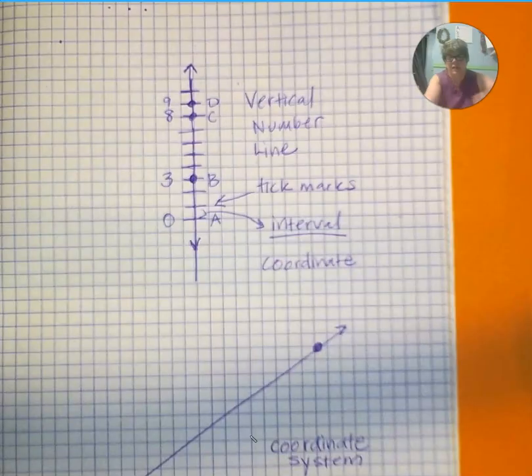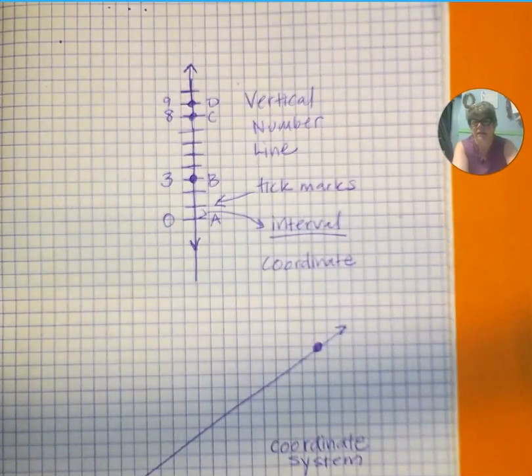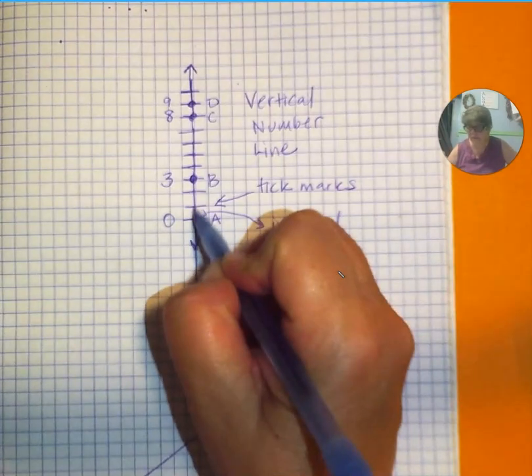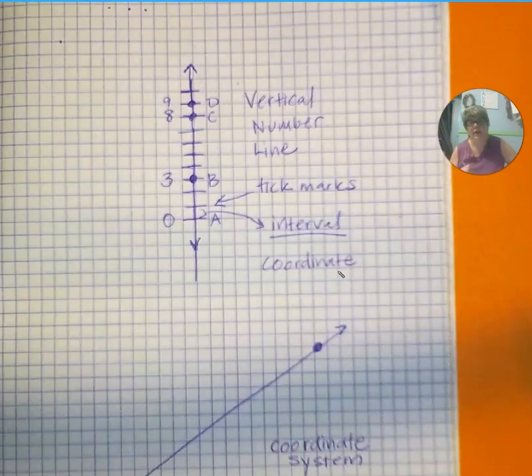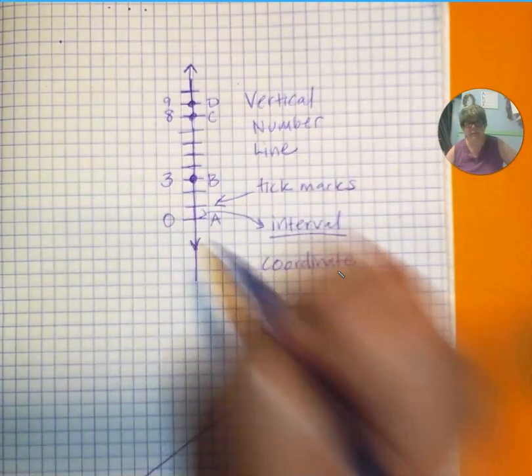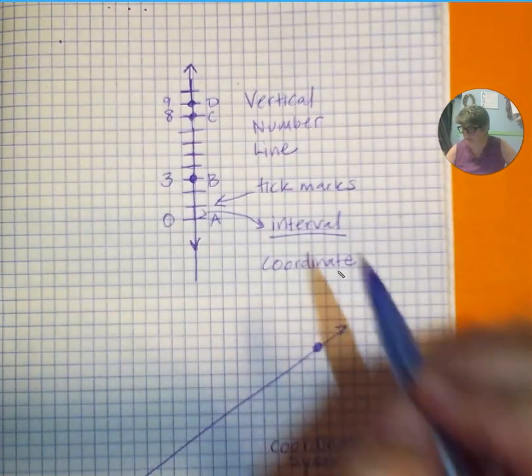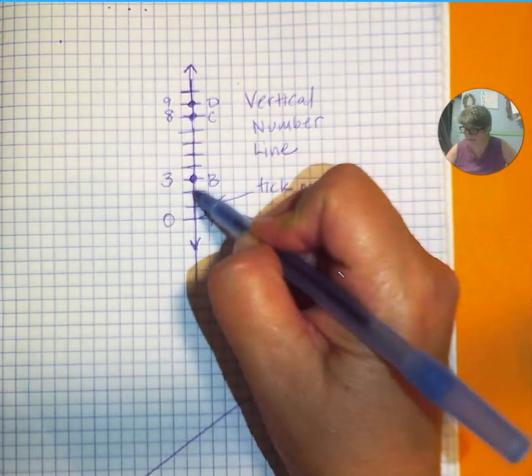Okay, now what if we changed our interval? Because we can do that. The interval is up to us because we are making this vertical number line. So what if we changed our interval? Instead of 1, what if we said our interval was 2? How would that change things? Our A is still going to be 0, but our B would be 2, 4, 6.